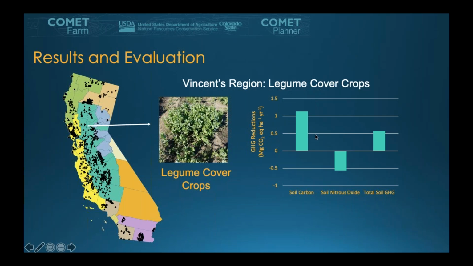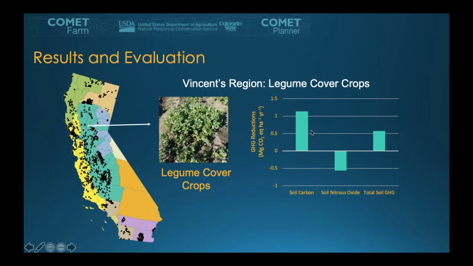However, different from COMET Farm, COMET Planner's positive results, so if you had implemented cover crops, legume cover crops here, and it said your emissions were 1 metric tons of soil carbon, then a positive result indicates a greenhouse gas reduction. Whereas on COMET Farm, a positive result would indicate an increase in emissions.